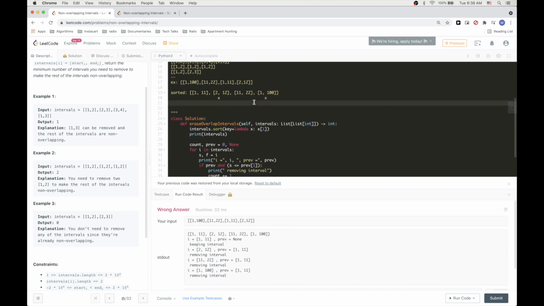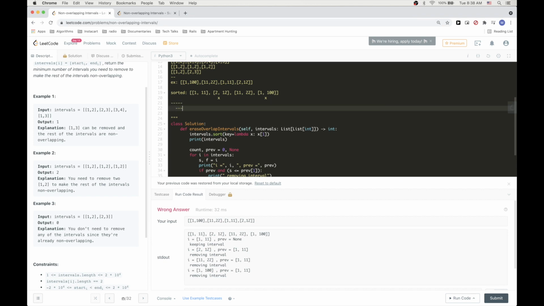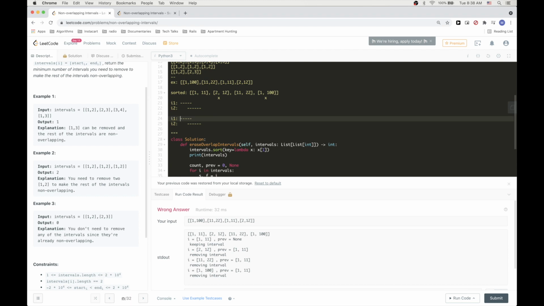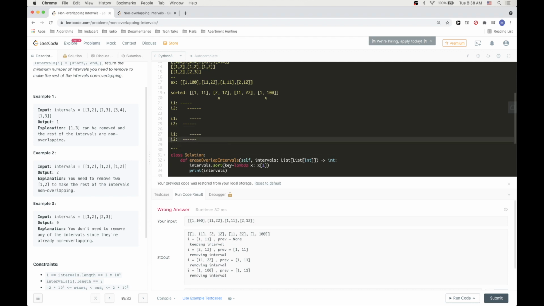Okay, so like here we have two intervals. What are the cases for overlapping, right? So let's call this one E1, E2, and let's see what are the cases for overlapping. It could be that one, it could be this one, and then what else? It could be like they are like this.